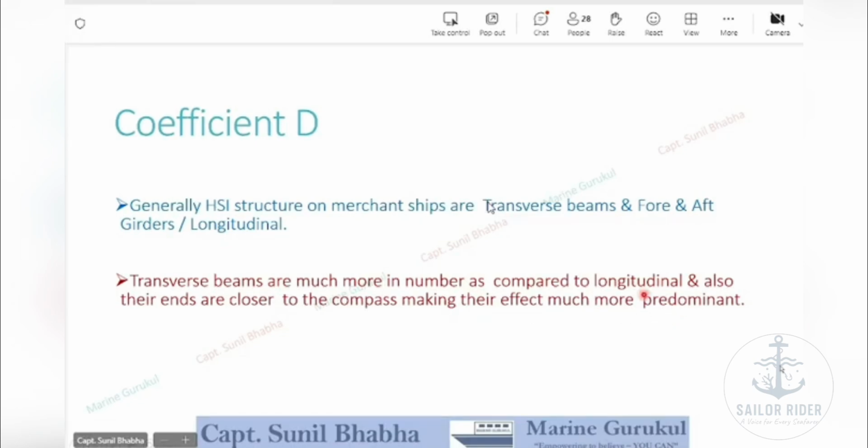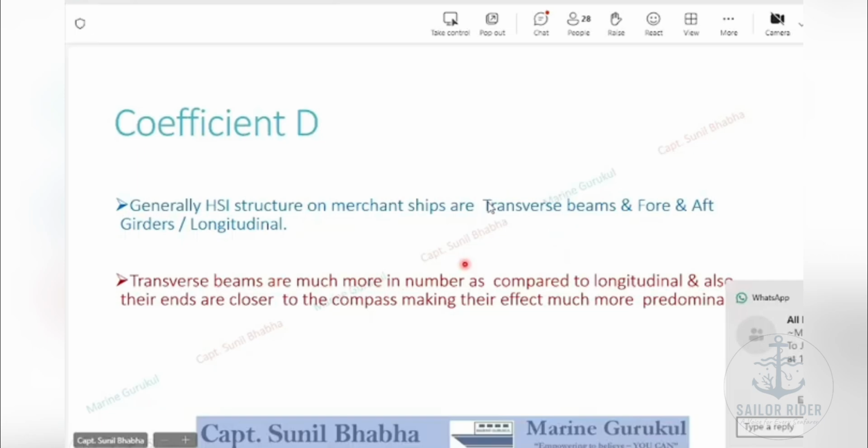Now the first thing to appreciate here is that if we have a transverse beam and a fore and aft longitudinal exactly similarly placed about a compass having the same size, then they are going to cancel out the effect of each other. If they are perfectly balanced, equal to each other, they are going to cancel out each other.